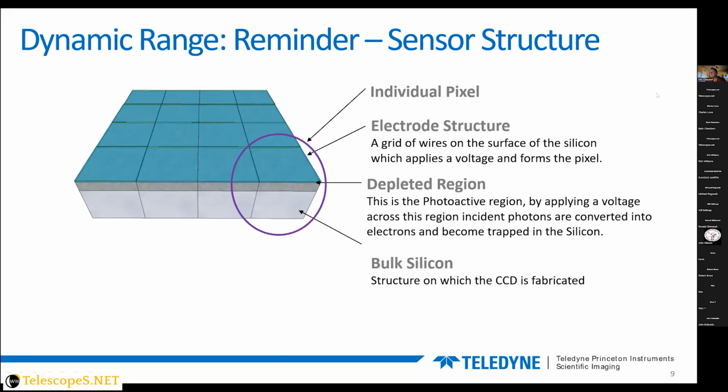The thing we're most concerned about are these individual pixels and what's going on in one pixel. Because if we can understand what happens in one pixel, we can understand what happens in 1 million, 10 million, 64 million pixels, right? Kind of all at the same time. And the business end is this depleted region, which is the area that actually stores the photoelectrons before it gets read out as an image that you ultimately see.